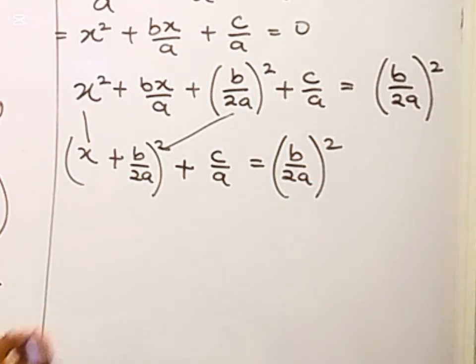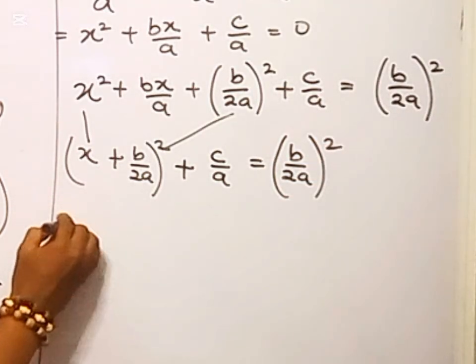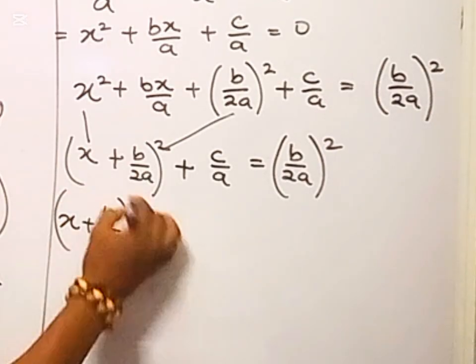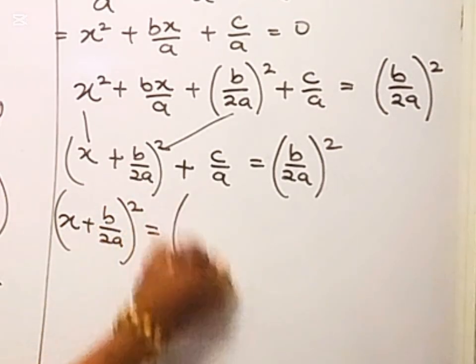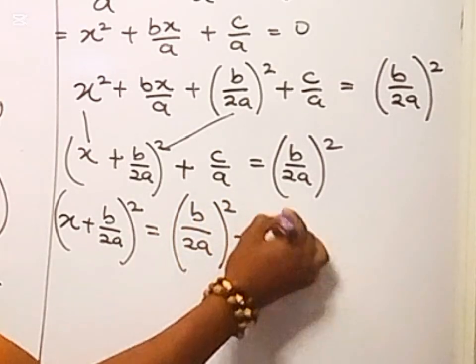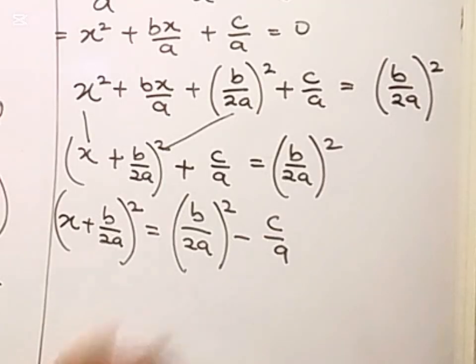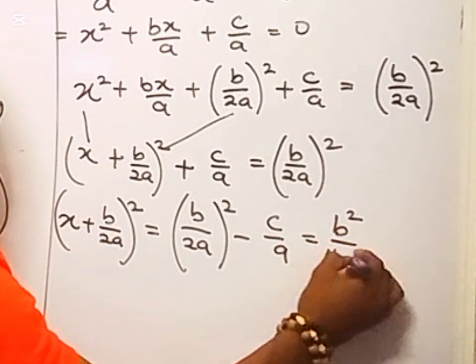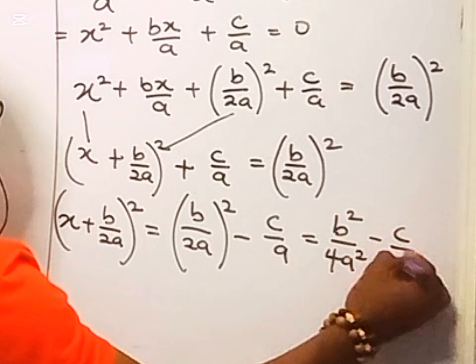So you collect like terms at this point. You have x plus b over 2a all squared equals b over 2a all squared minus c over a. If you expand this, you have b squared over 4a squared minus c over a.